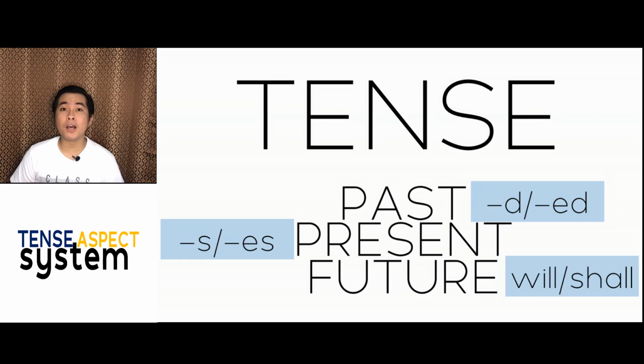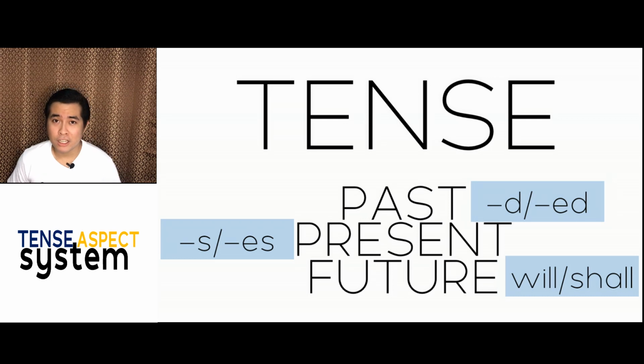Because when we talk about tense, we talk about inflections, or we add something to the verbs, just like your past and present. We add your D and ED for past, for regular verbs, and change the spelling if it is an irregular verb. And for present, for singular subjects, we have the inflection S or ES for the verb, and we retain the base form if it is a plural subject.